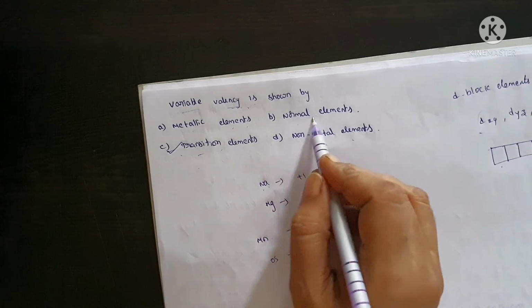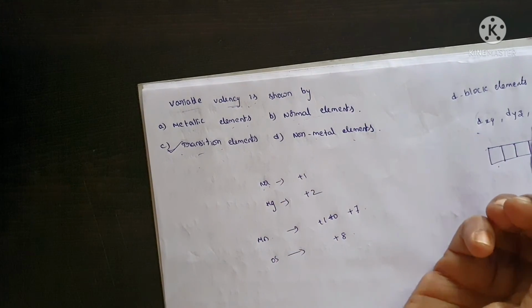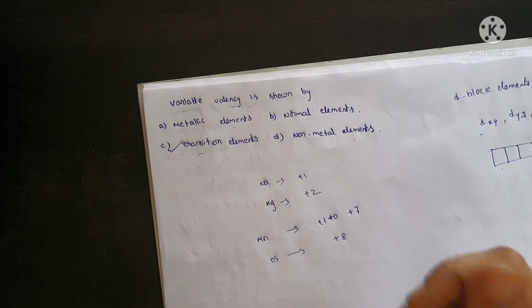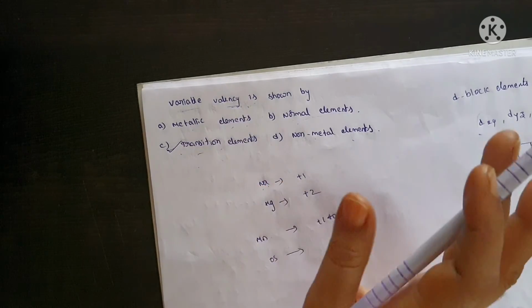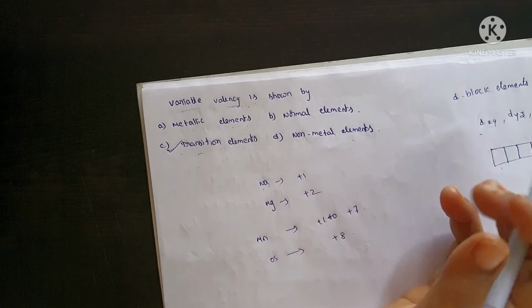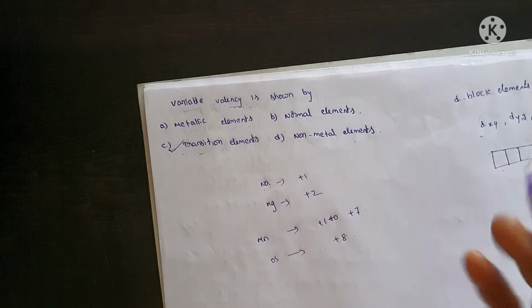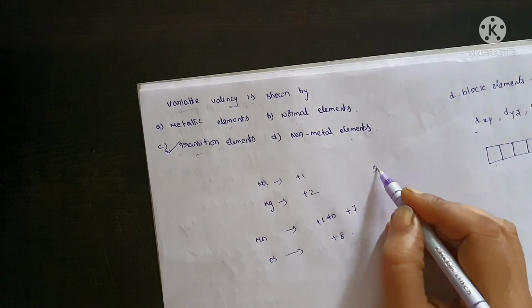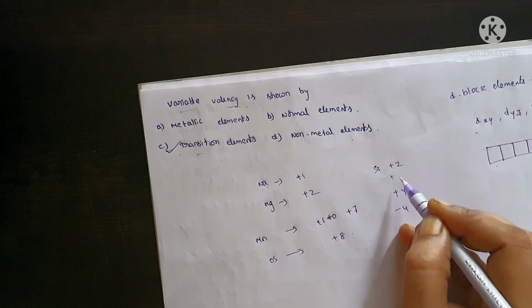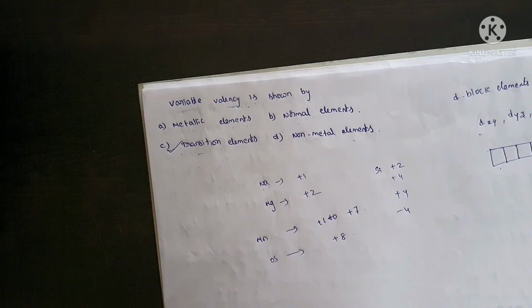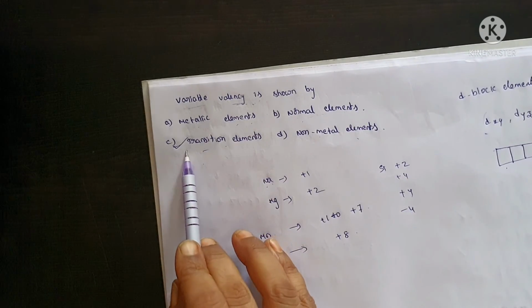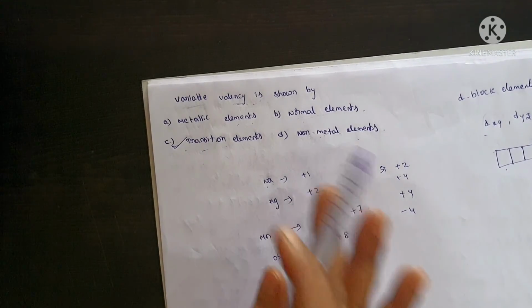Normal elements like carbon have fewer valency states. Non-metals, for example carbon, show +4 or sometimes -4. Silicon exhibits +2 and +4. But so many oxidation states are exhibited by transition elements only.